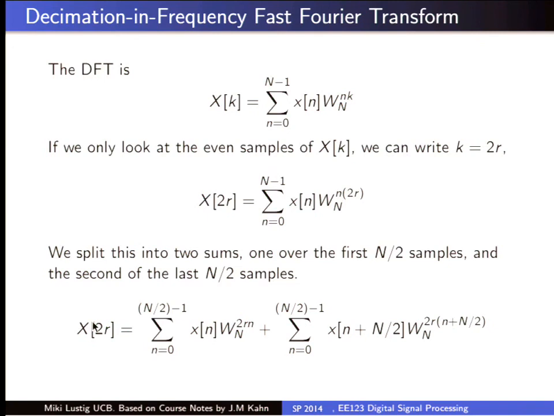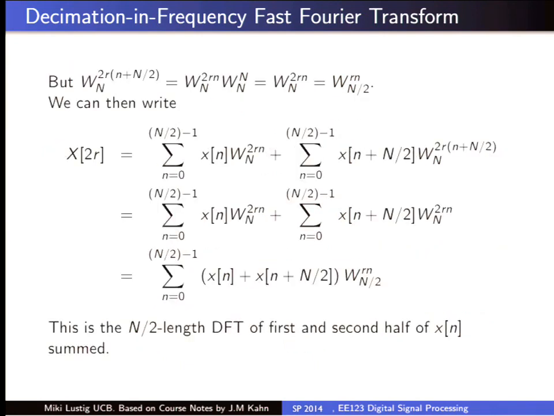And so you can split the outputs into even and odd, and then work from there. It's in the slides, and it's not very difficult to follow, but I don't want to go over it too much, because it's exactly the same derivation. You just split the output into even and odd.